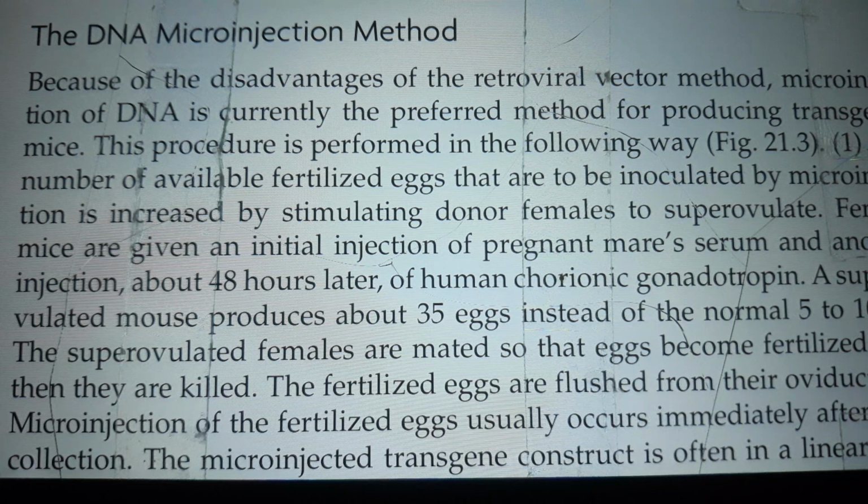Female mice are given an initial injection of pregnant mare serum and another injection about 48 hours later of human chorionic gonadotrophin. A superovulated mouse produces about 35 eggs instead of the normal 5 at a time.